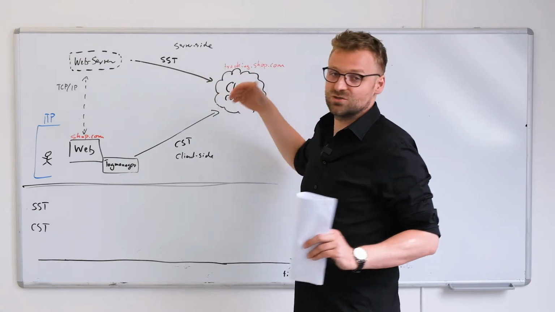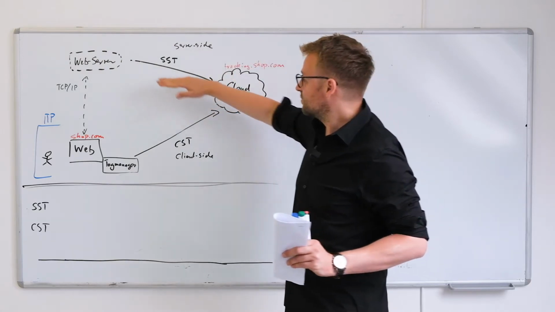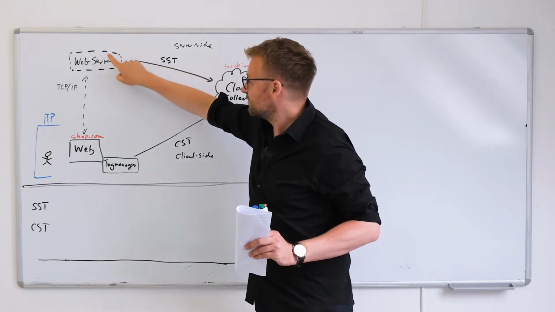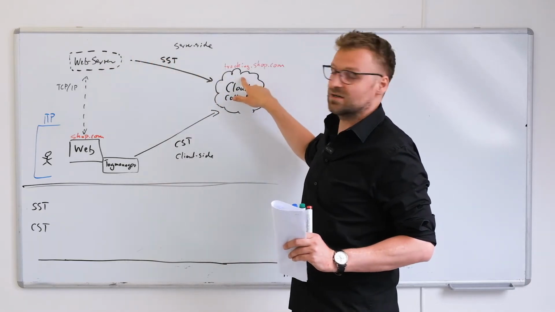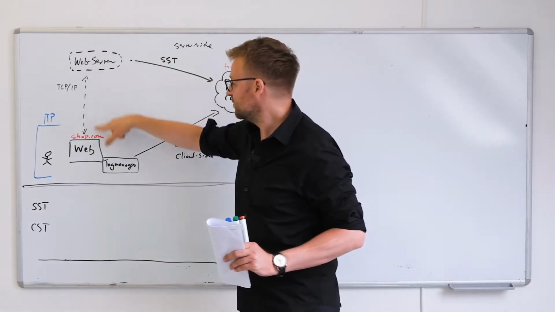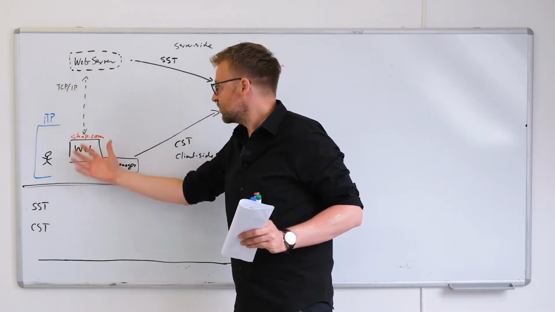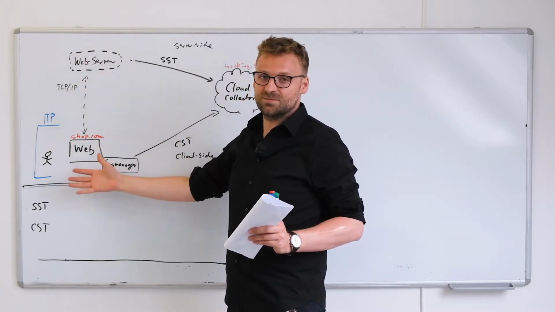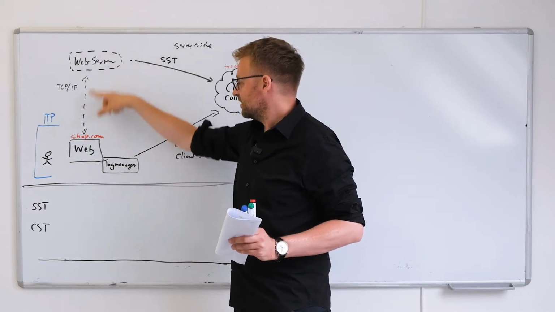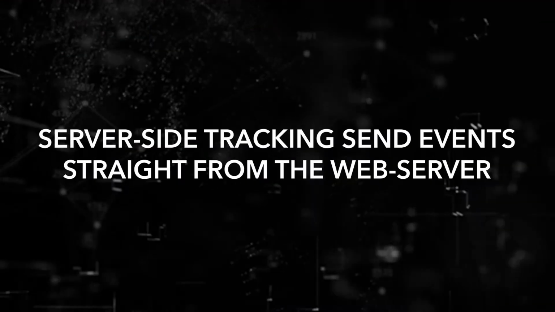When we talk about server-side tracking, the tracking events are fired straight from the web server into the cloud collector. Both communicate over the TCP/IP protocol, and that's also how every web page requests from the web server what needs to be displayed, and therefore we have some communication between both of them.